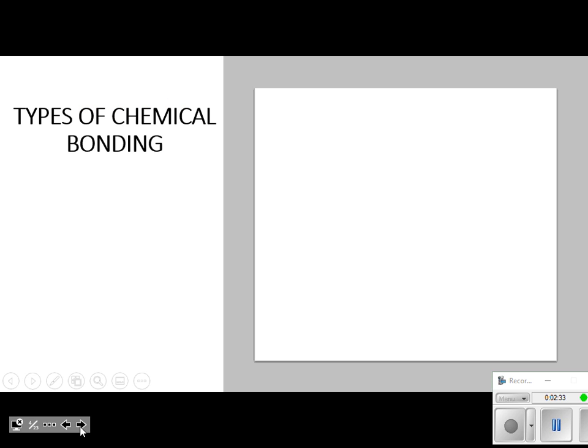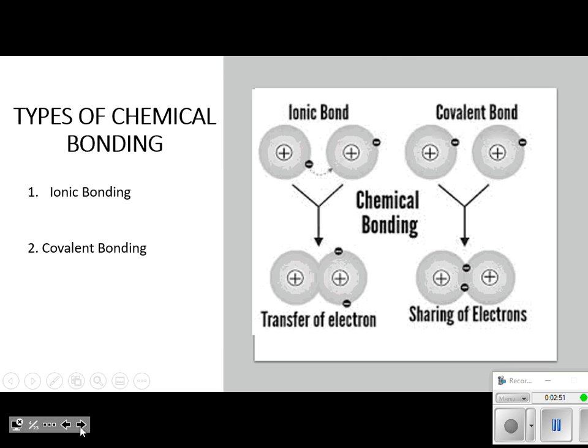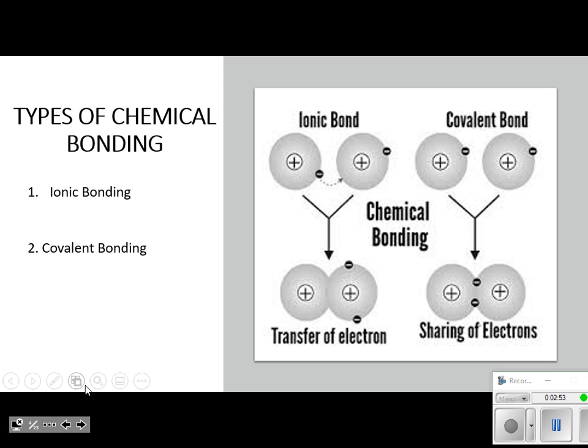Okay, so types of chemical bonding. We have two types of chemical bonding we're going to be dealing with: ionic bonding and covalent bonding. As I alluded to earlier, we are sharing, we are transferring. So in this diagram right here, I see two different types. Right here on the left-hand side, it says the transfer of electrons. So just very simple, this electron right here transfers over to this atom, okay?